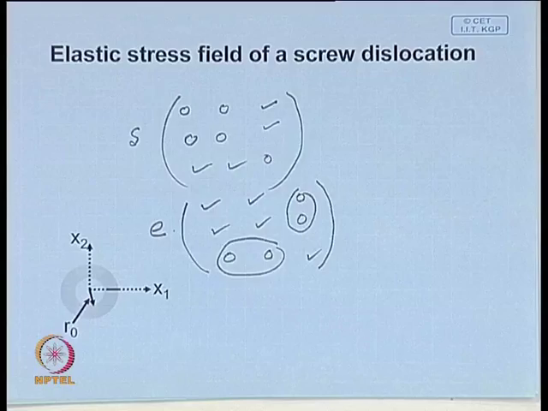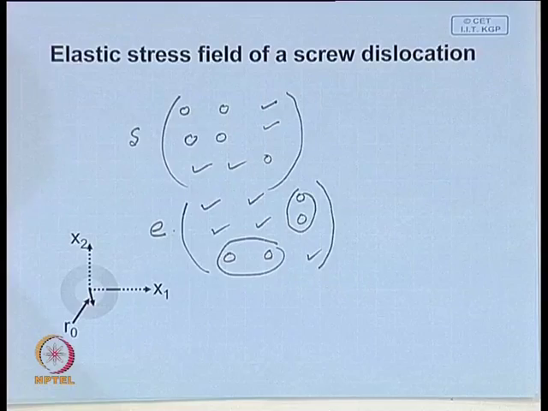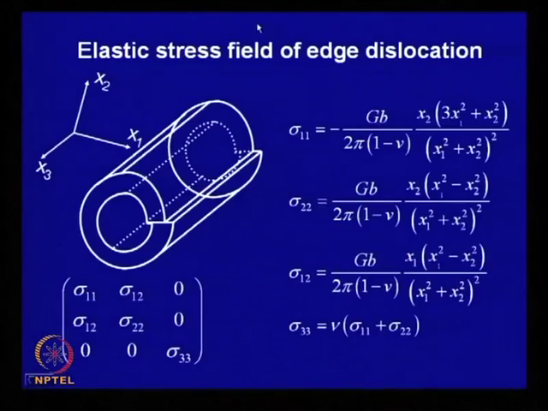But in reality, often a dislocation will have a mixed character. So, in that case we can superimpose these two stress fields, and all these components will be present. And here you see this is a hydrostatic stress field; the edge dislocation has a hydrostatic stress field.